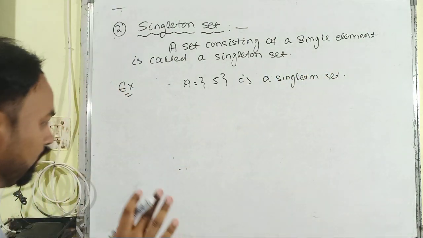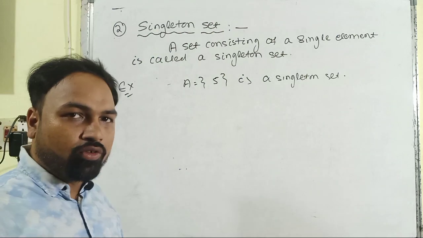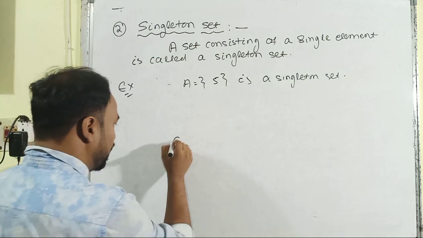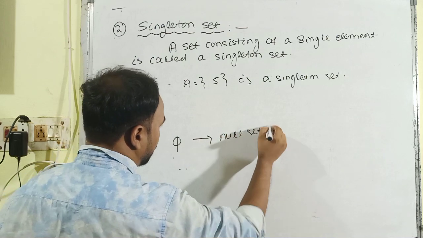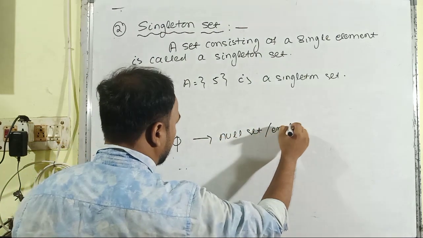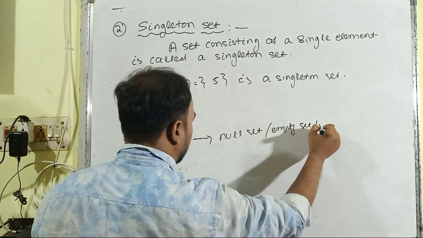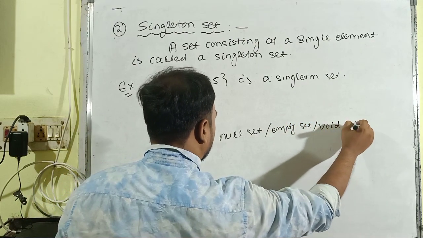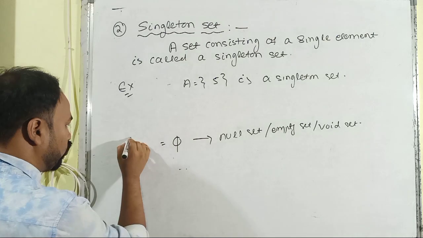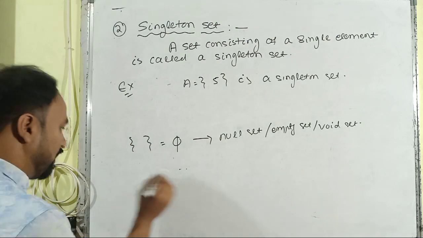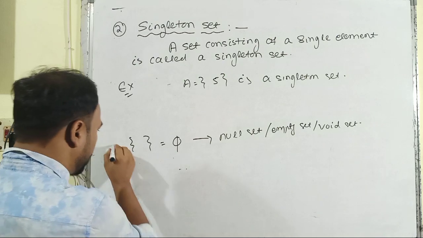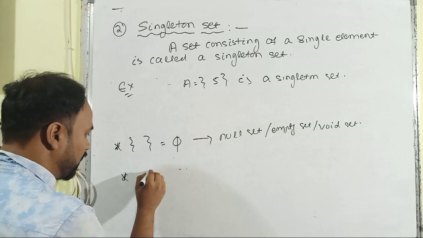Let us make it clear about the phi set. Here the phi set is a null set, or empty set, or void set. It can also be represented in this form. But suppose I have taken another set here.